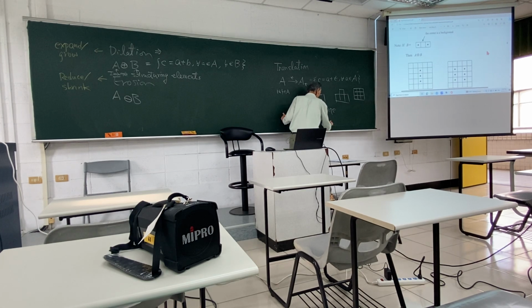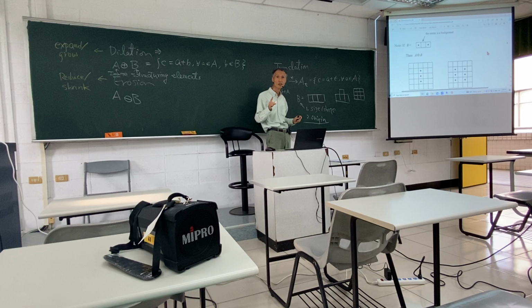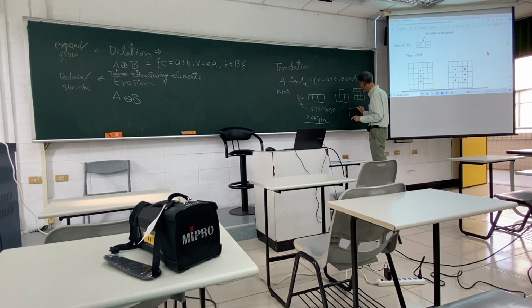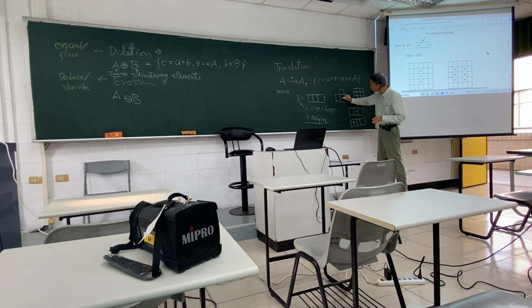the origin. Where should be the origin? It will be different. For this case here, you define the B at origin right here, or the origin right here will be totally different. You can put the origin right here, or you can put the origin right here.